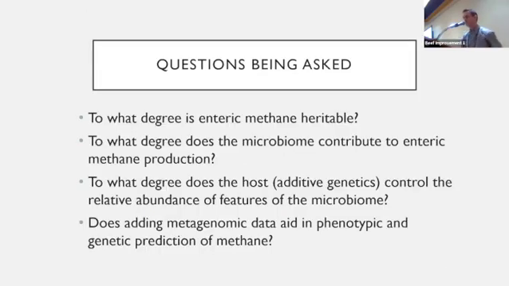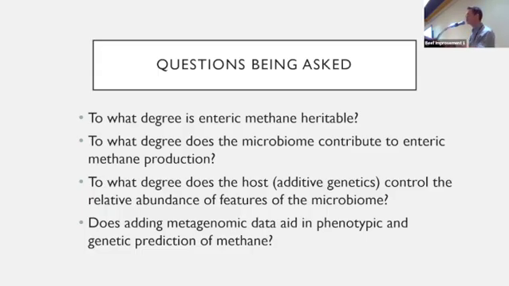So the questions that I want to pose today, and I'll take you through some answers along the way, is with respect to methane, how heritable is that? We've heard some at this conference already. I'll provide some estimates that are beef cattle centric. Then to what degree does the microbiome contribute to enteric methane production?